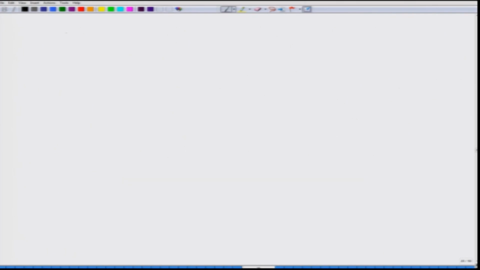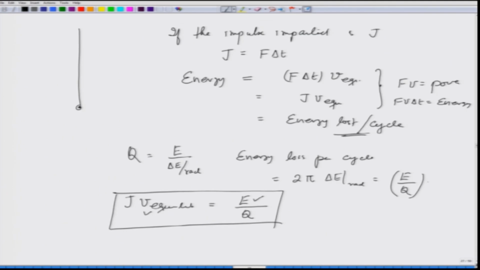So, let us see now, for the swing, the angular frequency omega is going to be equal to square root of g over L. I am taking g to be 10, so it is square root of 10 over 5, which is equal to square root of 2 times 2 pi.